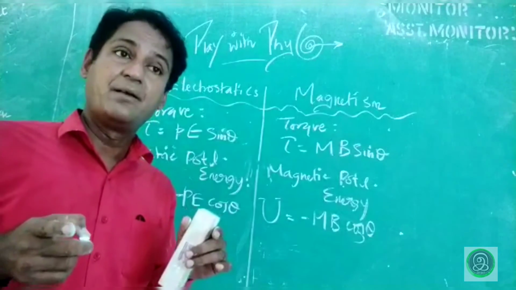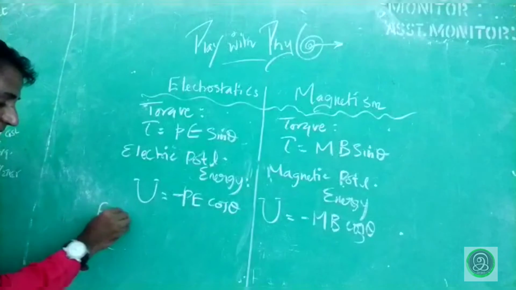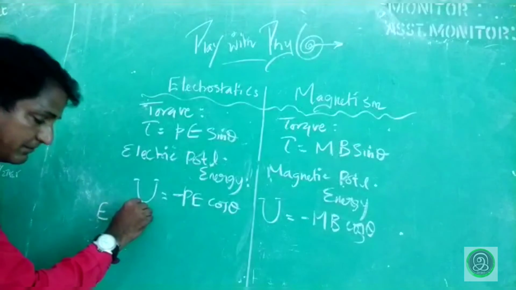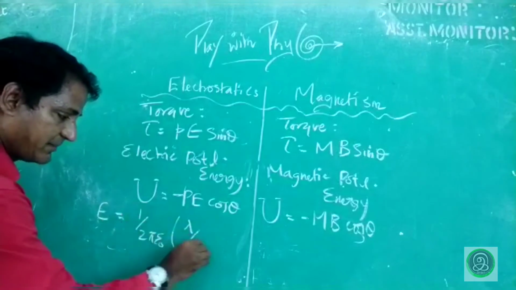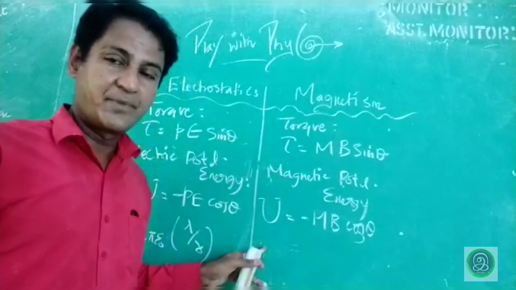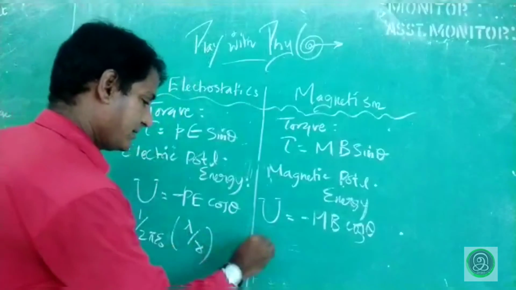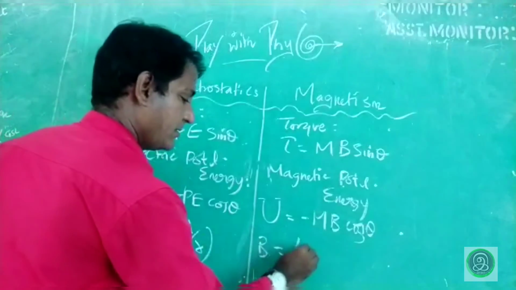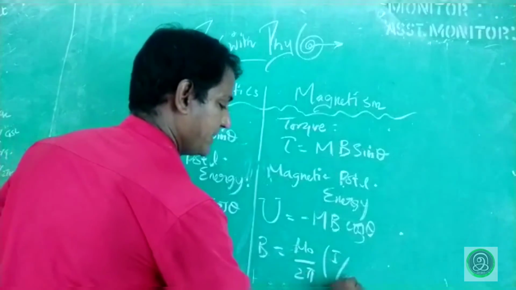So using Gauss law, E is equal to 1 by 2 pi epsilon naught, lambda by r. Likewise, magnetic induction due to an infinitely long current carrying conductor, B is equal to mu naught by 2 pi into I by a.